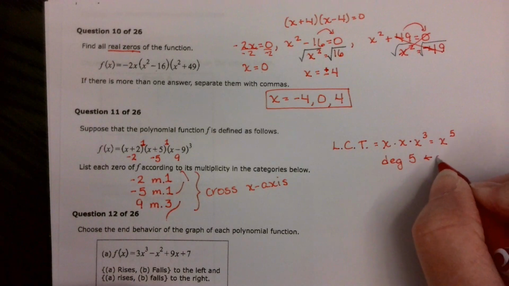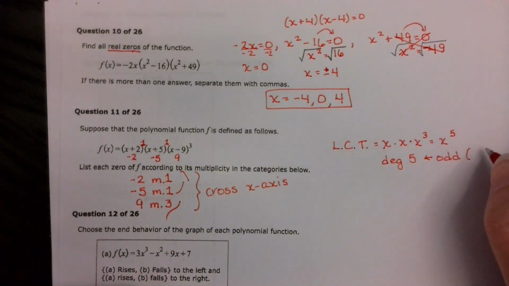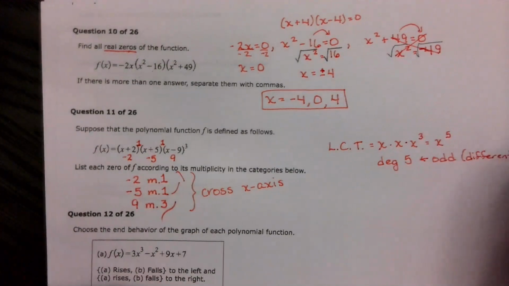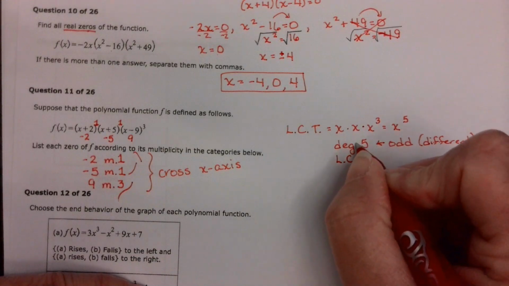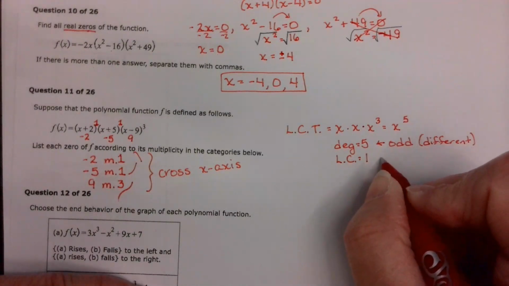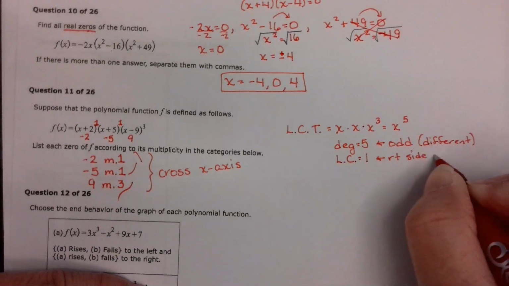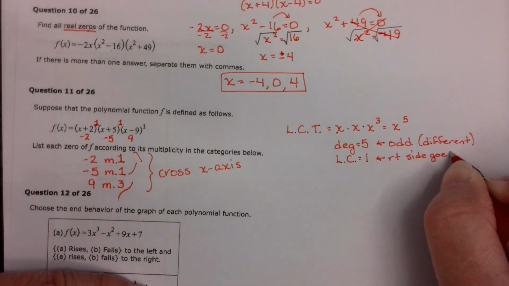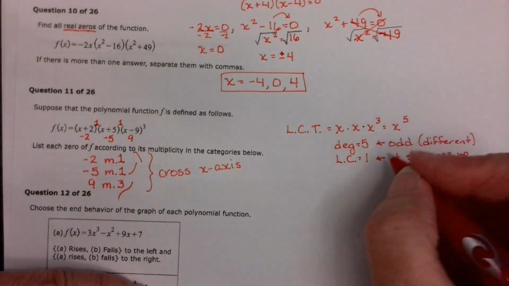That means it's odd. 5 is odd, which means the ending behaviors go different directions. The leading coefficient is 1. That means the right side goes up, because it's positive.